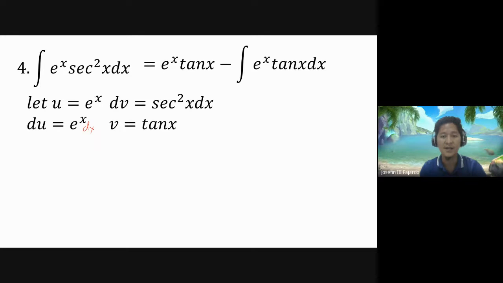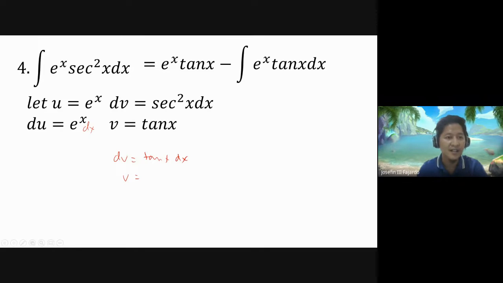Pag binaliktad naman natin, magiging itsura niyan, ginawa naman natin yung u, baliktad rin naman natin. Kasi pag inulit natin, ulit natin na ang u natin ay e to the x, kasi ang dv naman natin dito ay tangent x dx. Ang v natin dito will be integral.